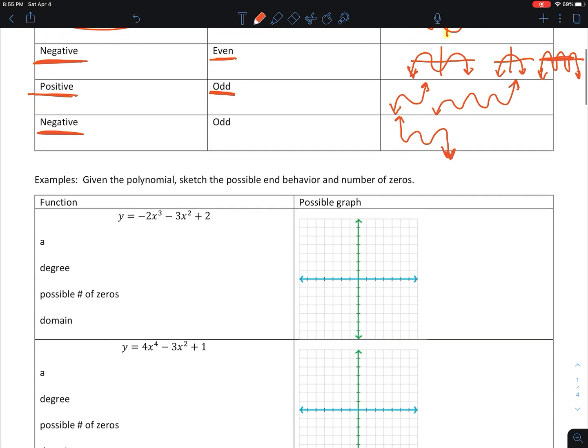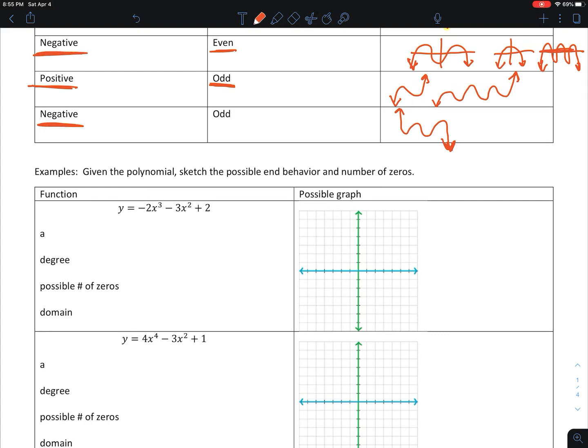So let's do some examples. We're given this polynomial. What is the degree of this polynomial? Well, the degree is 3. And what is a? Is a positive or is a negative?